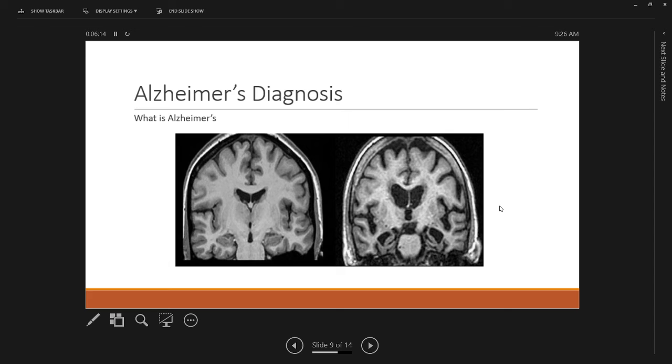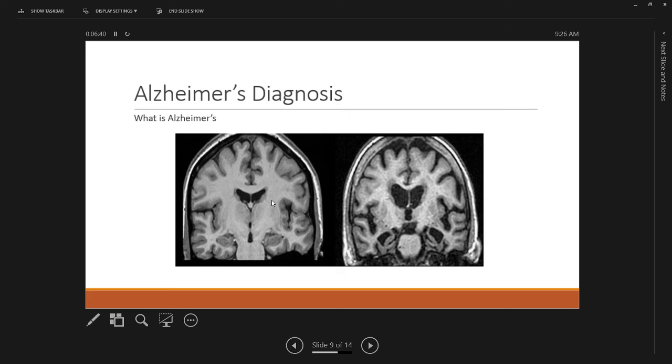Basically what I did is I used convolutional neural networks to diagnose Alzheimer's. So what is Alzheimer's? Alzheimer's is a disease of the brain that affects people generally when they are senior or older. What happens is that their hippocampus, which is the area of the brain that takes care of memory, starts disappearing. Here we see 2 images.